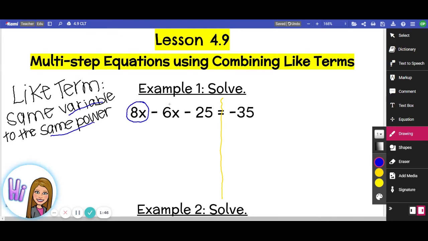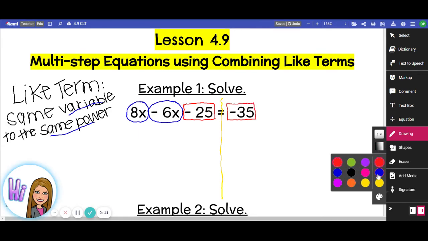And I'm also going to include the sign in front of it if there's a sign, like this negative 6x, I'm going to include the negative. And then negative 25 does not have an x on it, so I'm not going to include that, and negative 35 does not either. So instead, I'm going to give them a different shape, and because I have color, a different color. So I'm going to give them a box or a square.